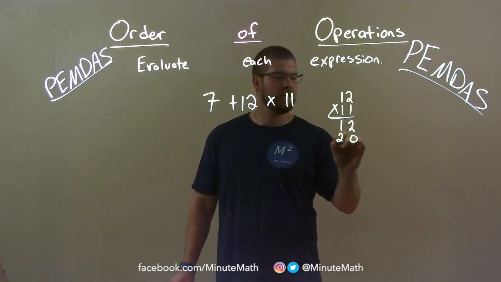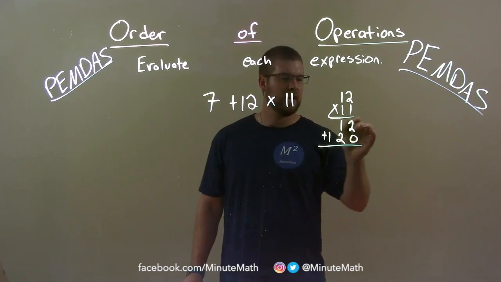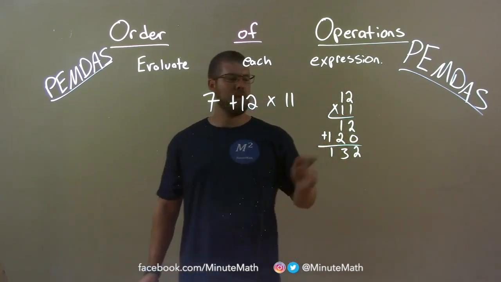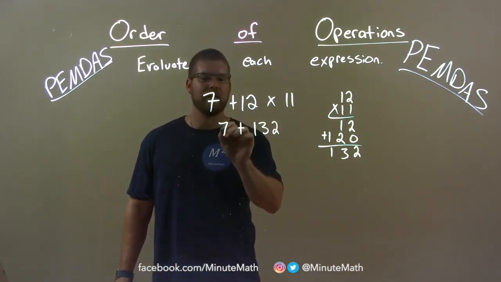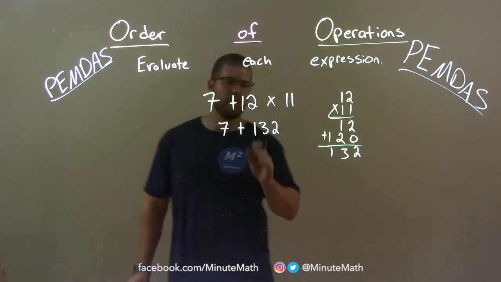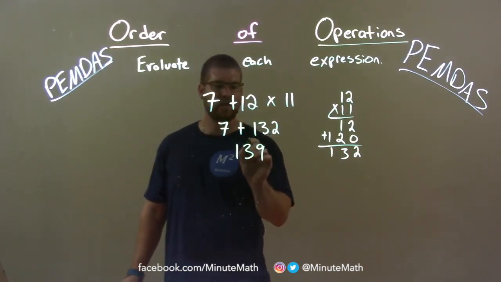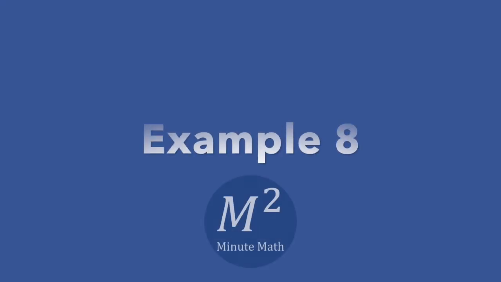Add the 2 together. 2 and 0 are 2, 1 and 2 are 3, and we just bring down that 1. So 12 times 11 is 132. Bring down that 7. Now we have 7 plus 132. Well, 132 plus 7 comes out to be 139, and so 139 is now just our final answer.